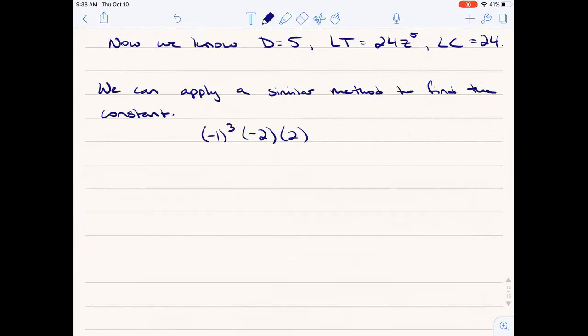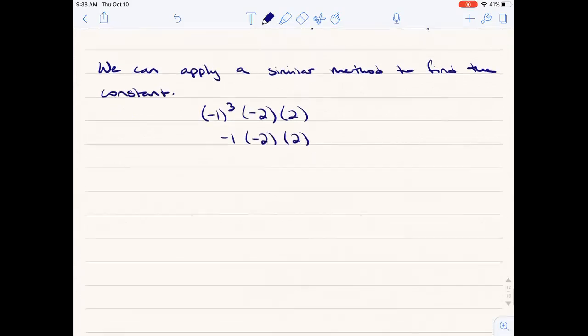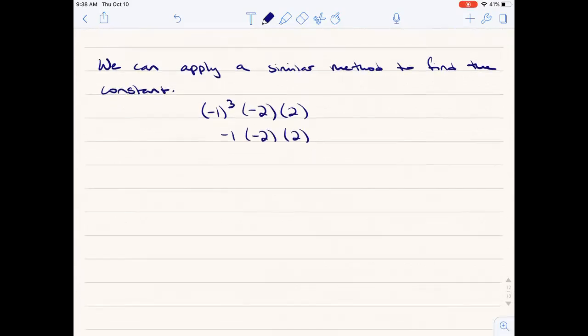Negative 1 to the power of 3 is negative 1 times negative 2 times 2, which is 2 times 2 is 4, is the constant. So C equals 4.